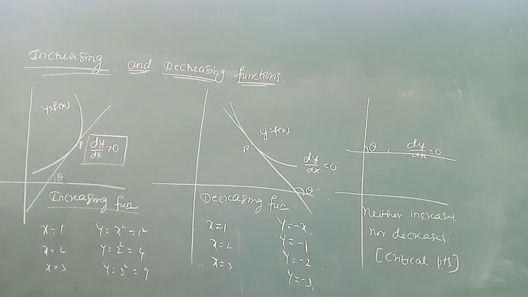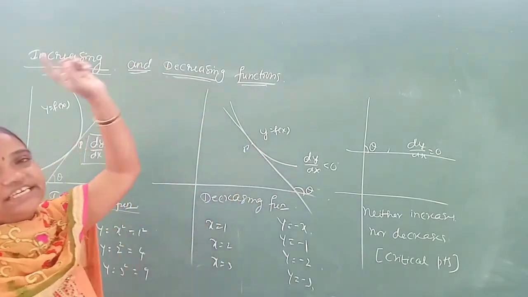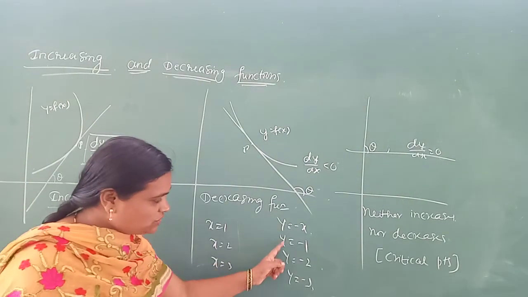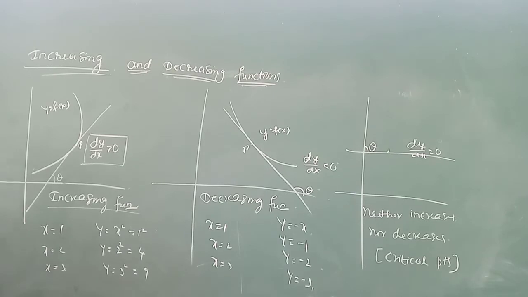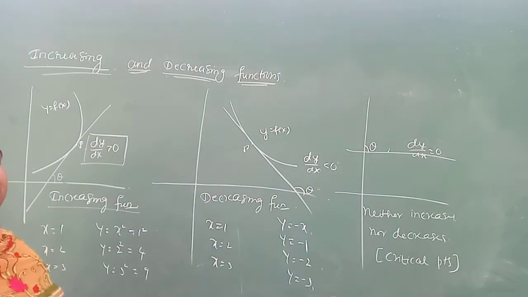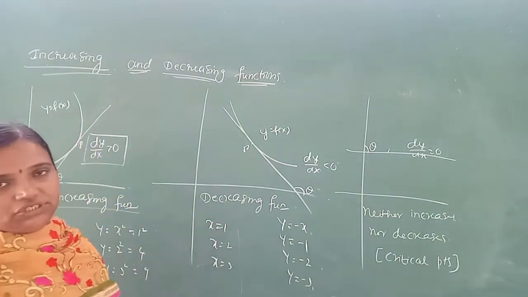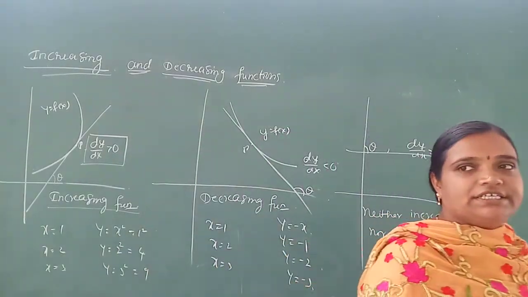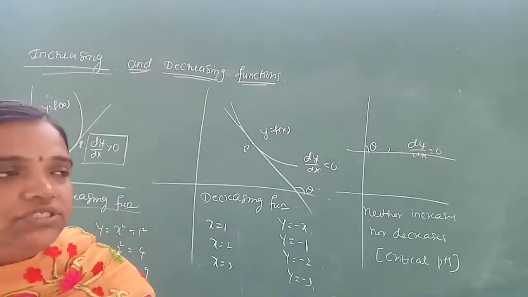Means x is increasing but y is decreasing. Such type of function we call a decreasing function. If x increases, y decreases, we say that such function is a decreasing function.